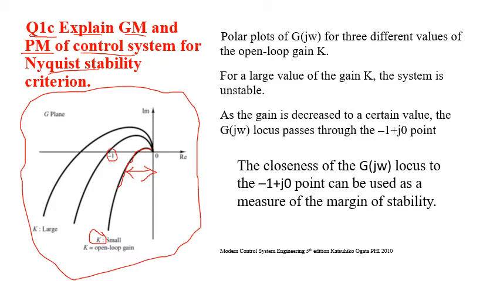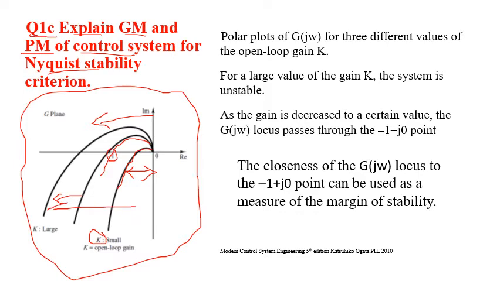At some value of K, you will fall exactly at -1 plus j0, and if K is increasing, you will go towards the left side. So what does that mean? When K is increasing, you are more towards instability because you are more likely to encircle the -1 plus j0. So this is the general understanding of how the polar plot changes with respect to the gain K.